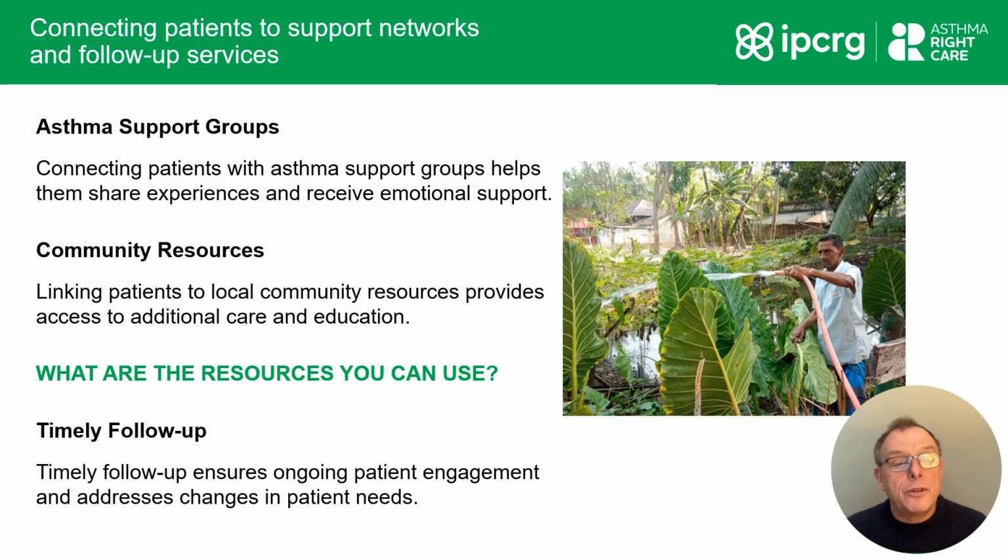In quite a few there are community resources that can provide extra support and education. And we as healthcare professionals can provide timely follow-up to help that shared pathway as we move forwards. So don't forget the local networks as well as the national plans and resources available.